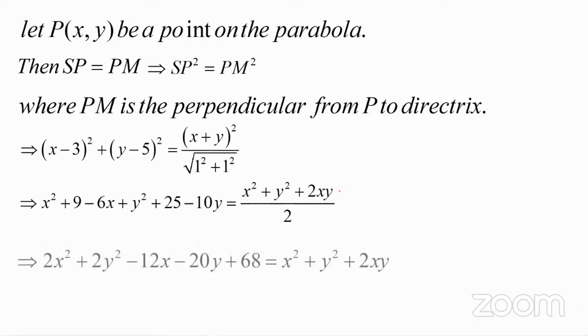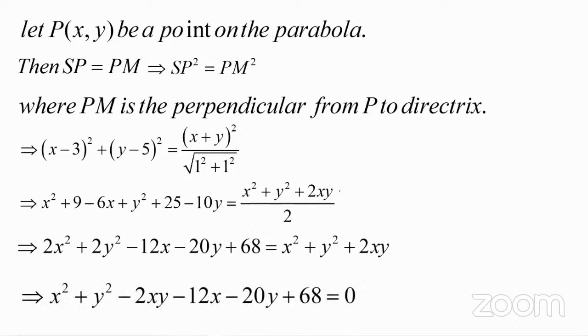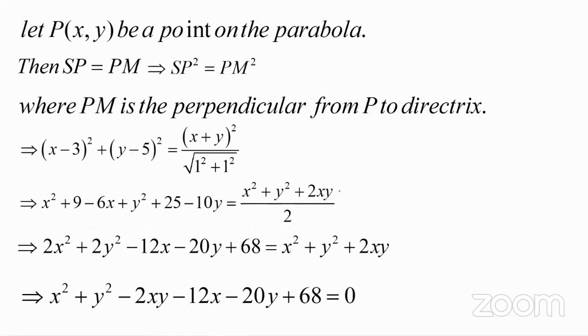Then cross multiplication. So you will get 2x squared plus 2y squared minus 12x minus 20y plus 68 equal to x squared plus y squared plus 2xy. Then you will get x squared plus y squared minus 2xy minus 12x minus 20y plus 68, which is the required parabola equation. Okay, I hope all of you understand this one.